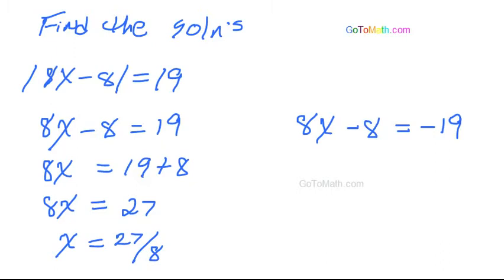Okay, so now we're going to look at the other equation and see what we got going on over there. Okay, so taking the 8 to the other side, we have 8x is equal to -19 plus 8, and so we have 8x is equal to -11.